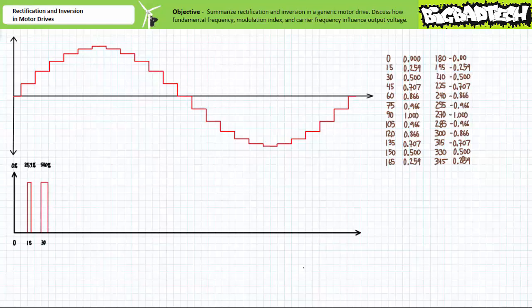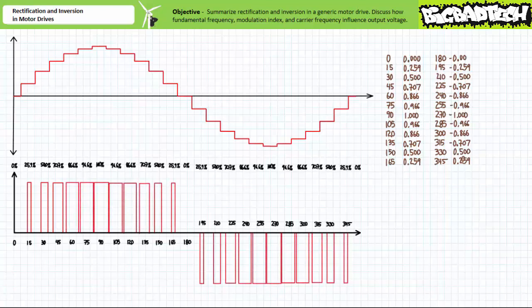The section centered on 30 degrees has a longer pulse of voltage applied, such that it appears 50% of that section. The section centered on 45 degrees has an even longer pulse of full voltage applied, such that it appears 70.7% of that section, and so on.